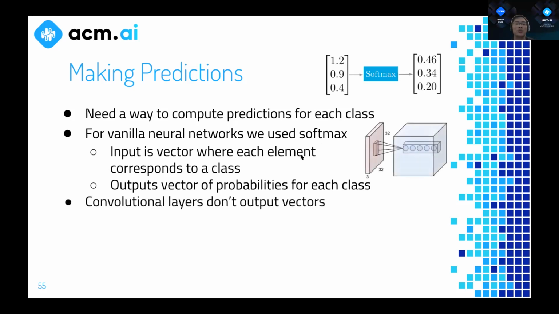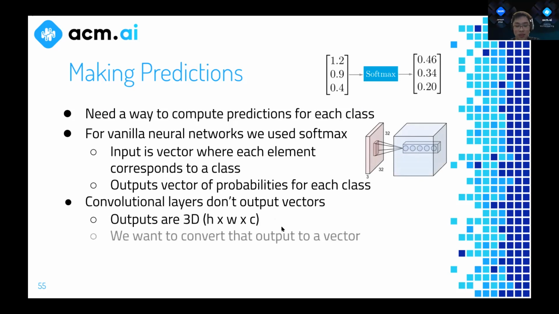The problem with having convolutional layers only is they don't actually output vectors, as Sudhanshu and Adithya discussed earlier, but instead the outputs are three-dimensional tensors. This is assuming we have multiple filters and we're dealing with color images.